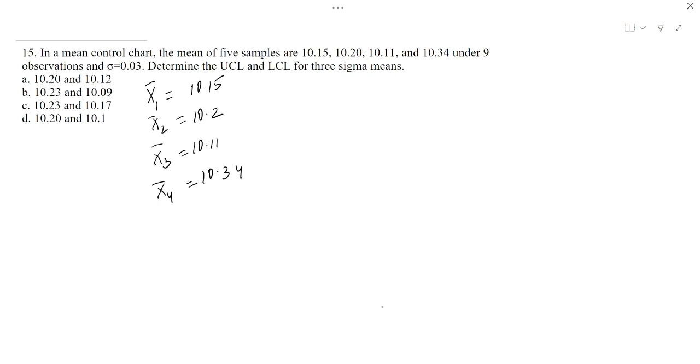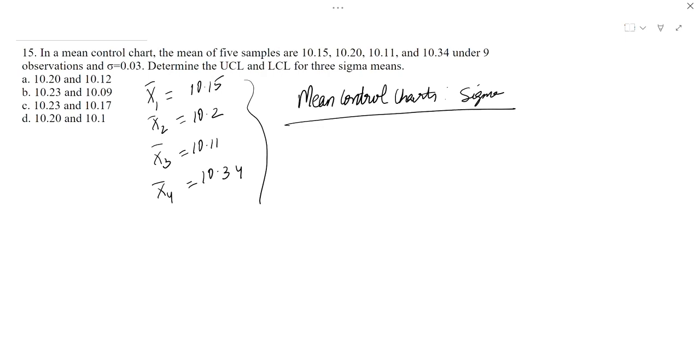Now for a mean control chart, we have sigma is equal to 0.03.